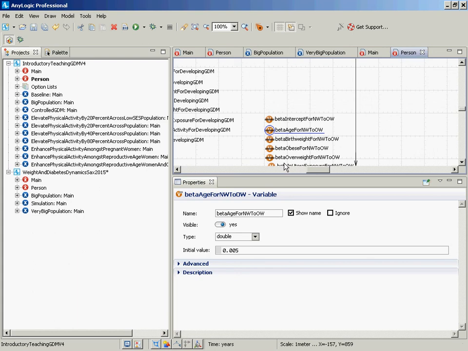That's right. This beta is multiplied by age to capture the effect of age on that hazard. No, absolutely, this would come out of a regression that would include all of these different factors.